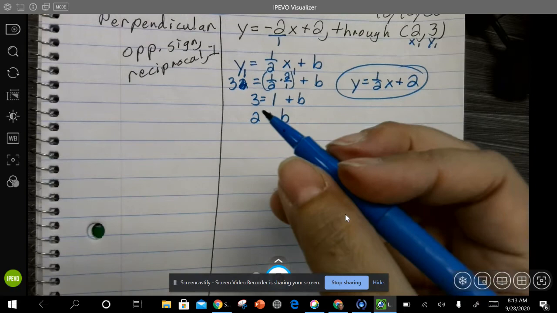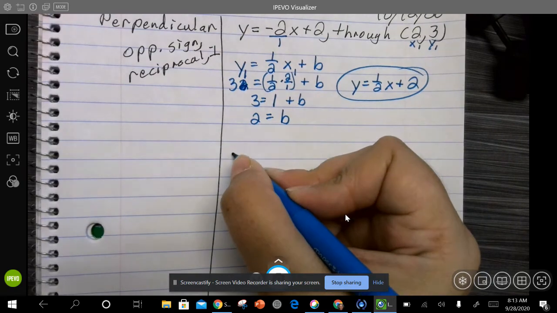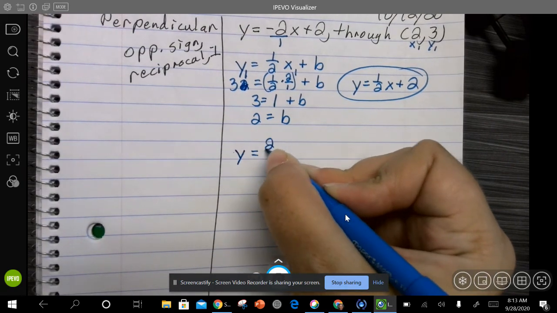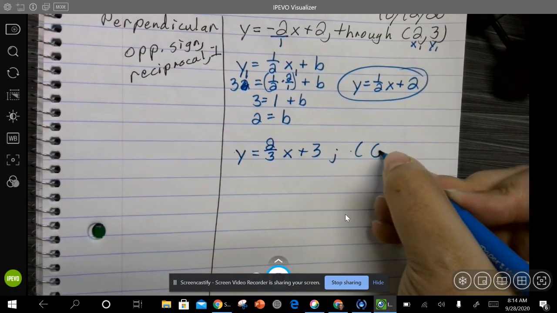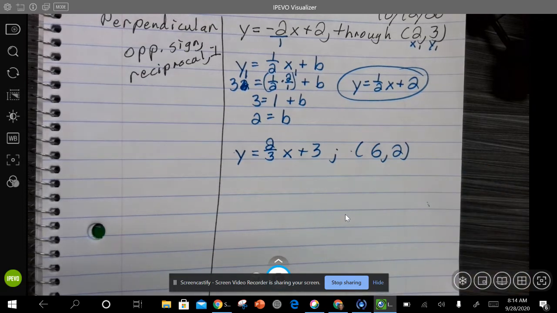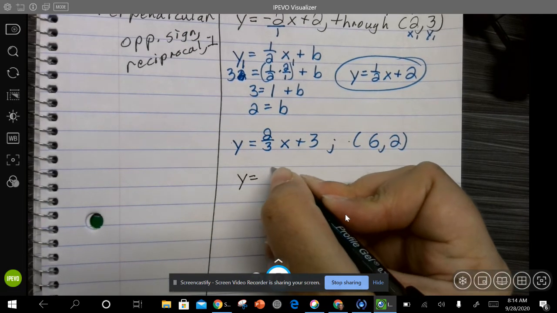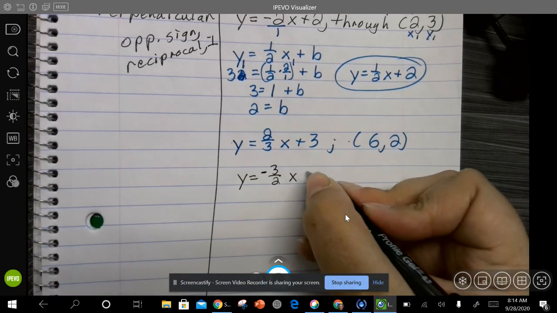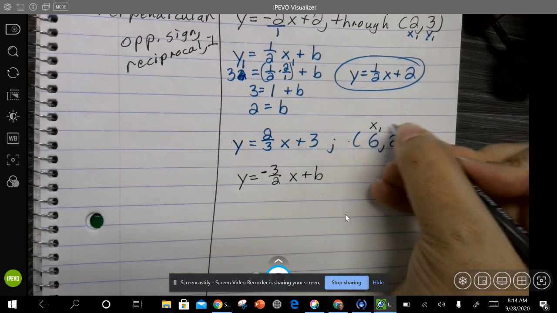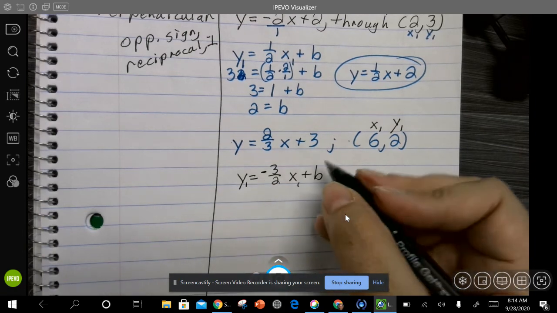Okay, one more example on these. We have the line y is equal to 2/3 x plus 3, and we need to write a line that's perpendicular that goes through the point 6, 2. So opposite reciprocal, so we're going to flip it. So 3 halves, opposite sign, so it's positive, so it's going to become a negative, plus b. I'm going to substitute in my x and y values to solve for b.